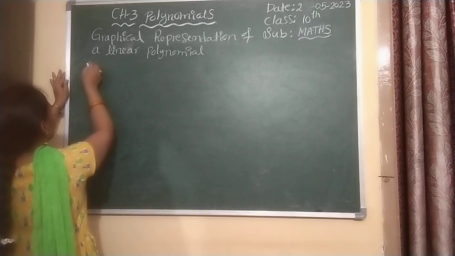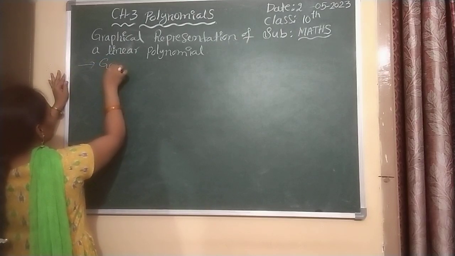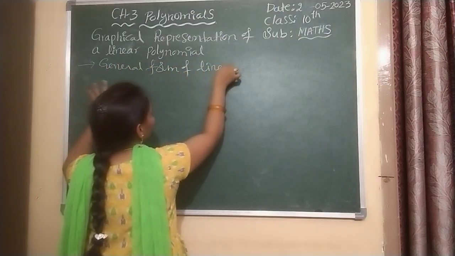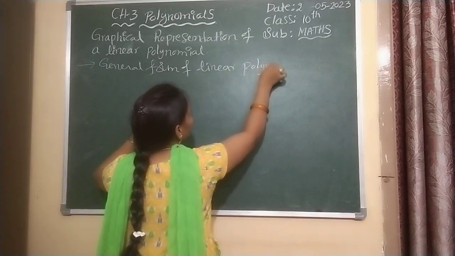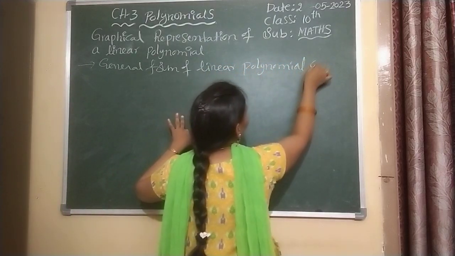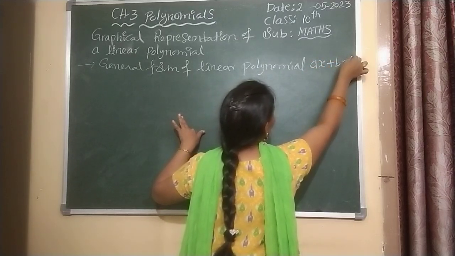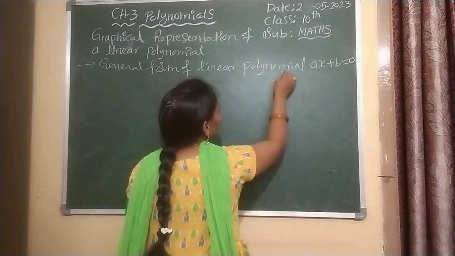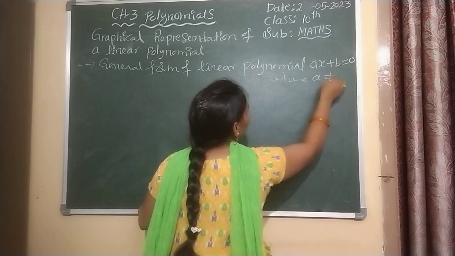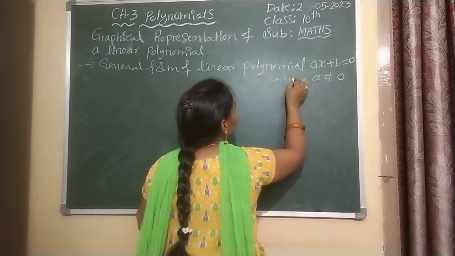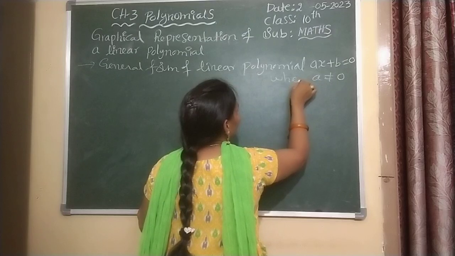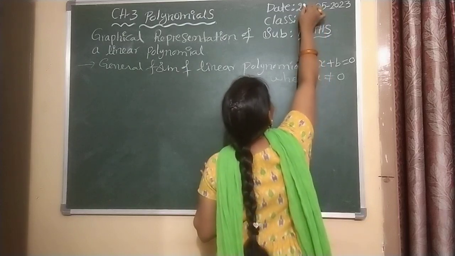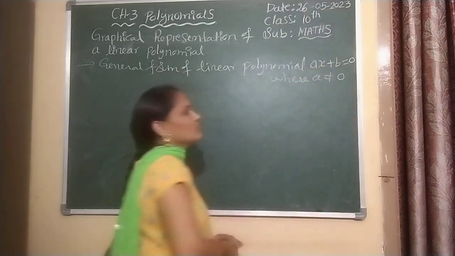The general form of a linear polynomial is ax + b = 0, where a is not equal to 0. Here we are taking the condition a is not equal to 0.